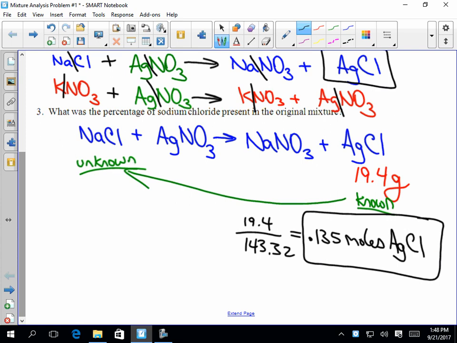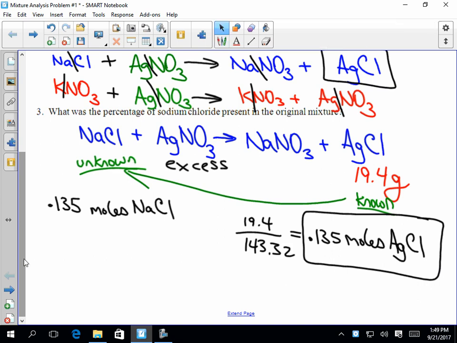It had said up above, we're adding an excess of the AgNO3, so we don't have to worry about that. The limiting reactant is going to control our stoichiometry. We have a 1-to-1 mole ratio, so therefore we must have started with 0.135 moles of NaCl. That's what we must have started with.